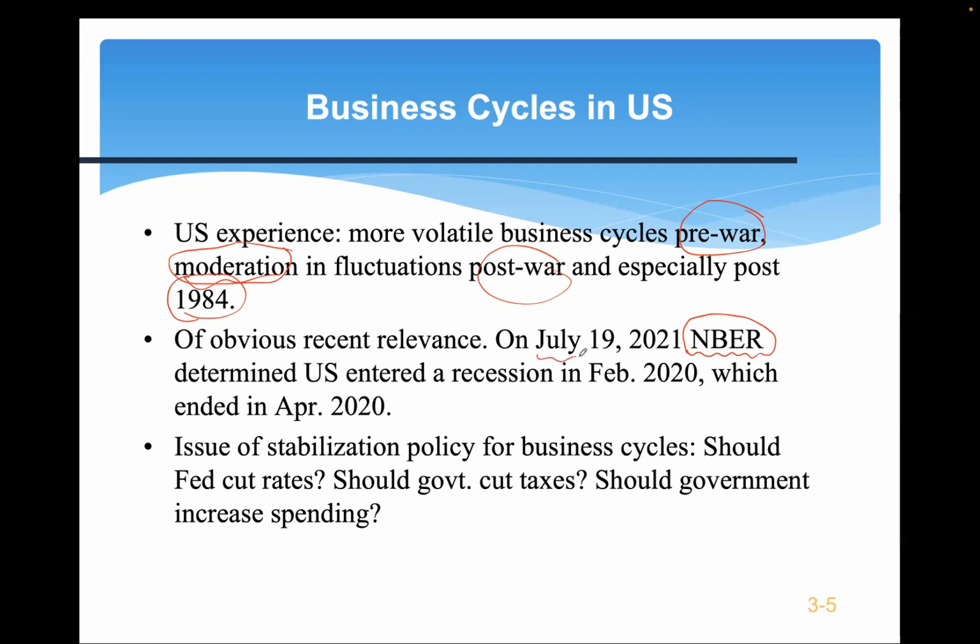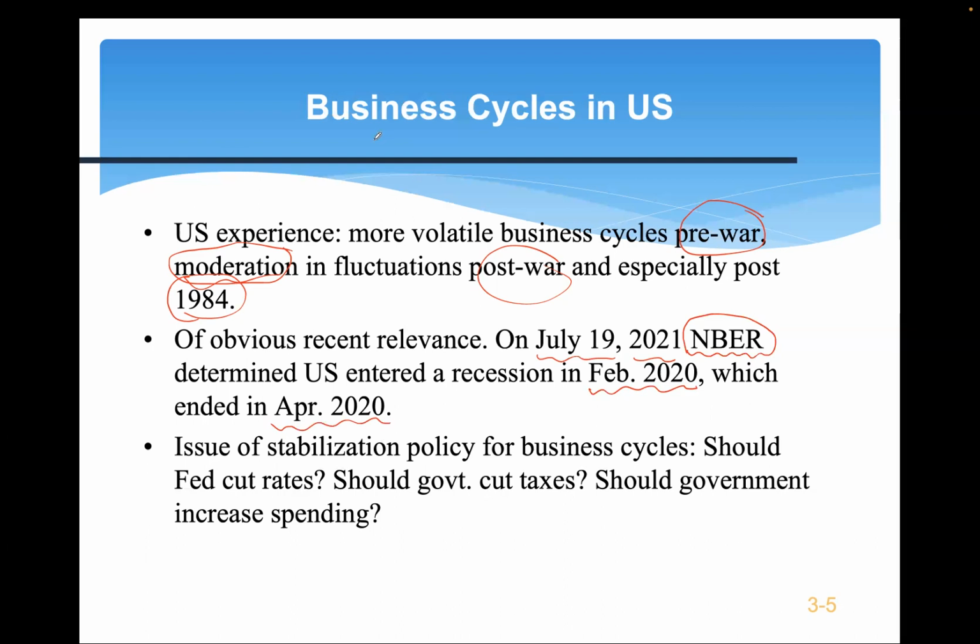On July 19th, 2021, based on their examination of US data, they determined the US economy entered a recession in February 2020 and ended in April 2020. Now look at the timing. When they announced, the recession had already passed more than a year ago. So why is this so difficult? Because measuring our aggregate economy usually takes time and effort.